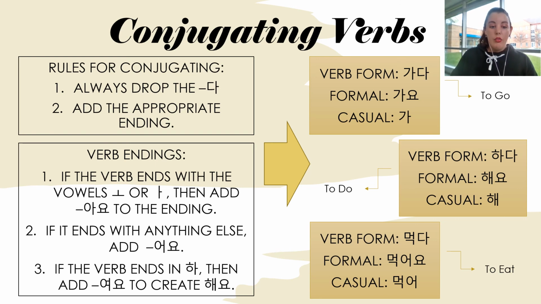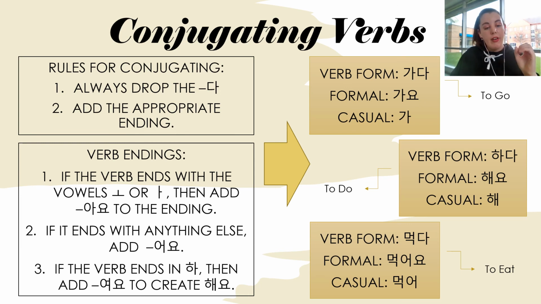And then for that one at the bottom, I use the word 먹다. 먹다 means to eat. So it's obviously a very important thing, and we can see that the final vowel in that verb form after we dropped da is o, right? Because mium and kiot are consonants, right?